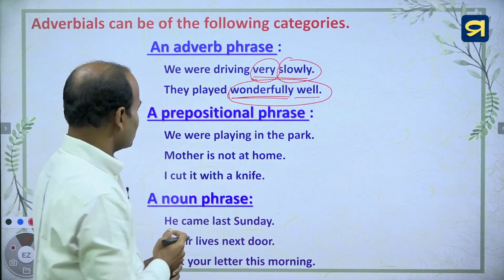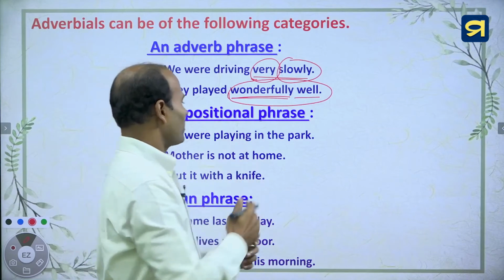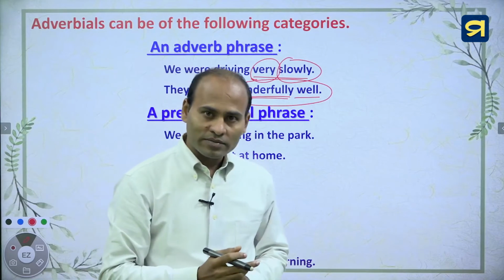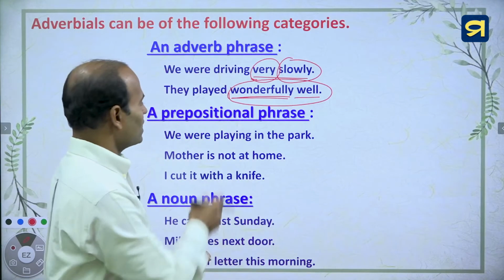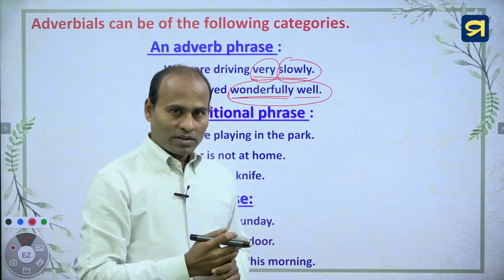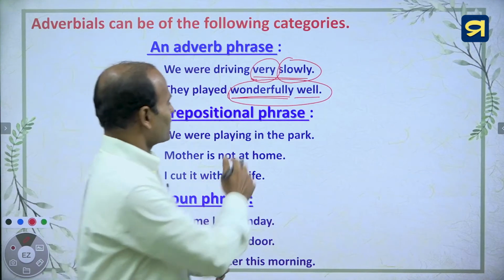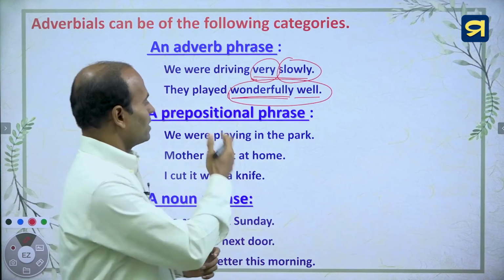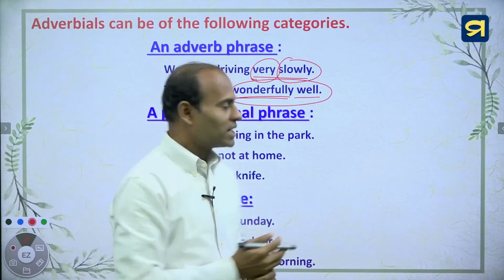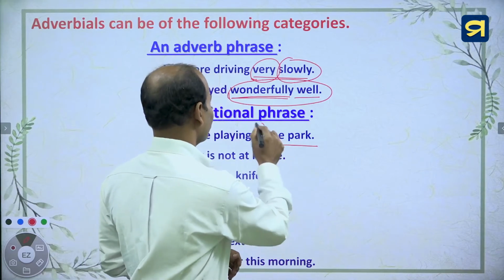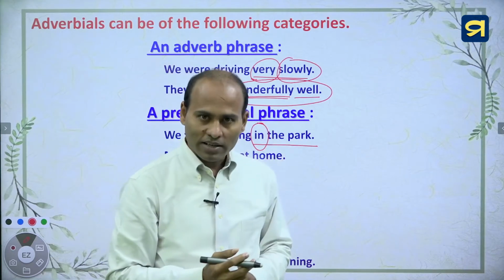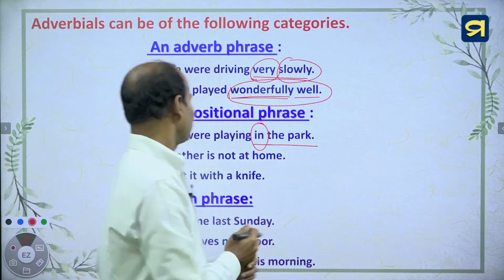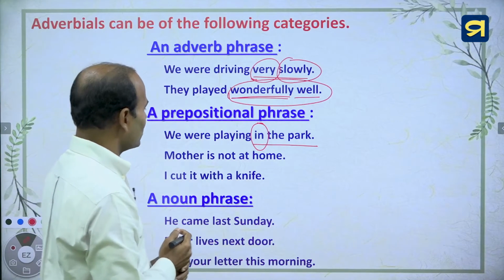In the next examples, you will see that we were playing in the park. So, where were we playing? You will get the answer: in the park. You can say that in the park may be an adverb of place, but it begins with a preposition, in. That's why this is a prepositional phrase. Mother is not at home.